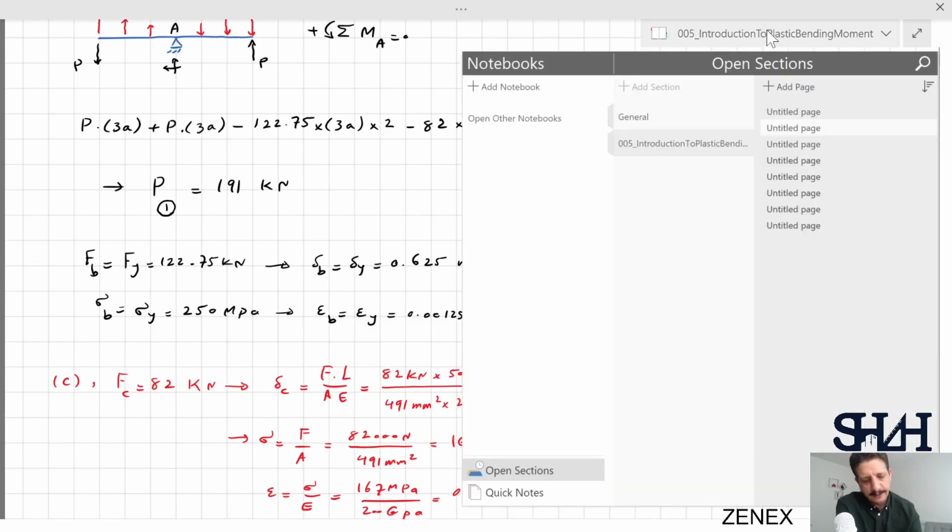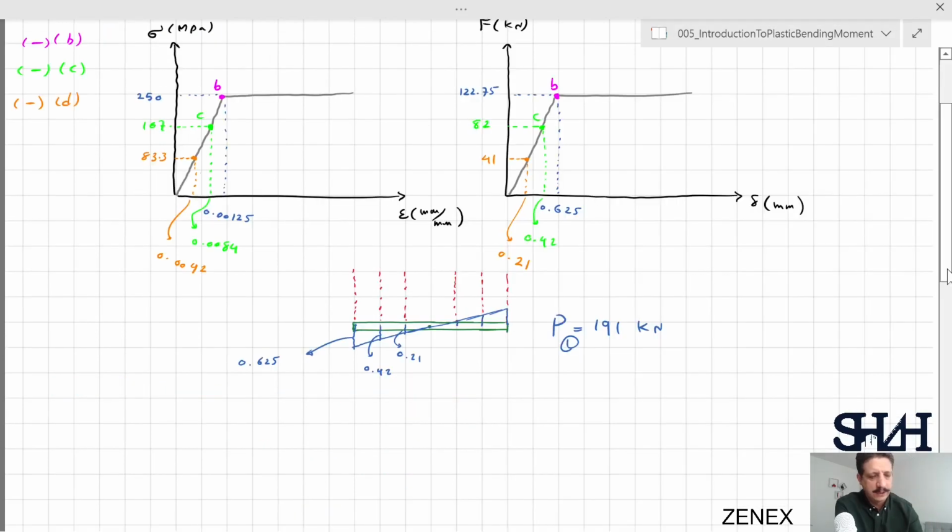Now, if we look at the strain of each element, the strain in this element is 0.00125, and here this is 0.0084 and the other one 0.0042. So element B and B prime are now at their yield limit of deformation.